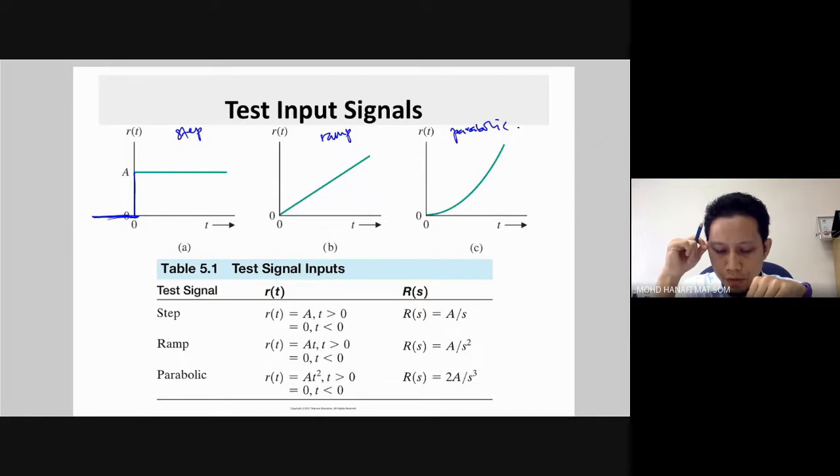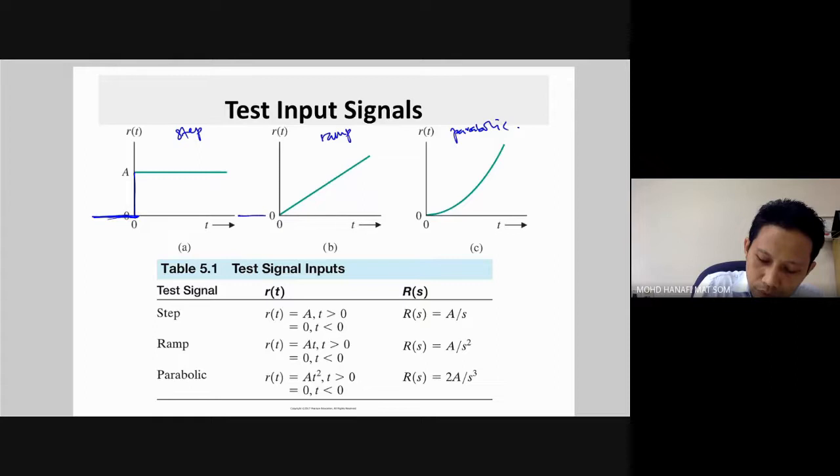For the ramp function, however, the function is r(t) equals At for t greater than 0, and 0 for t less than 0. So if you extend it, it looks something like this. And for the parabolic, as well, At squared for t greater than 0 and 0 for t less than 0. So something like this as well.